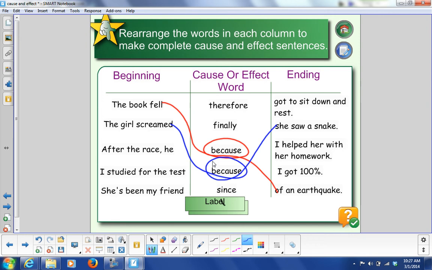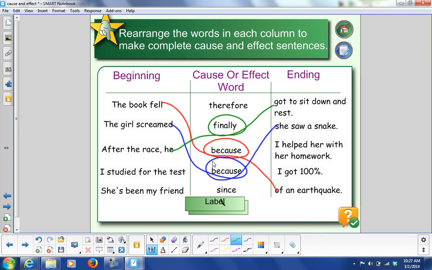I'm going to go with that. So is it therefore, after the race, he therefore got to sit down and rest? Or after the race, he finally got to sit down and rest? Or after the race, he since got to sit down and rest? I'm going to say after the race, he finally got to sit down and rest. That makes a good sentence.